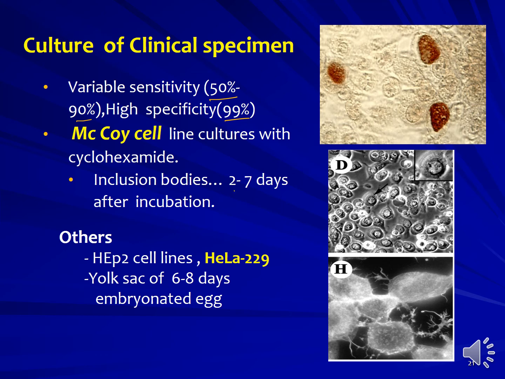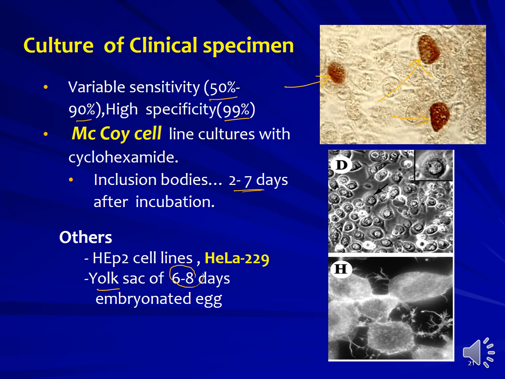After 2 to 7 days of incubation, you can see the inclusion bodies, like these in McCoy cell line cultures. Other cell line cultures used are HEp-2 and HeLa 229 cell cultures, and the yolk sac of a 6 to 8 day embryonated egg can also be used.